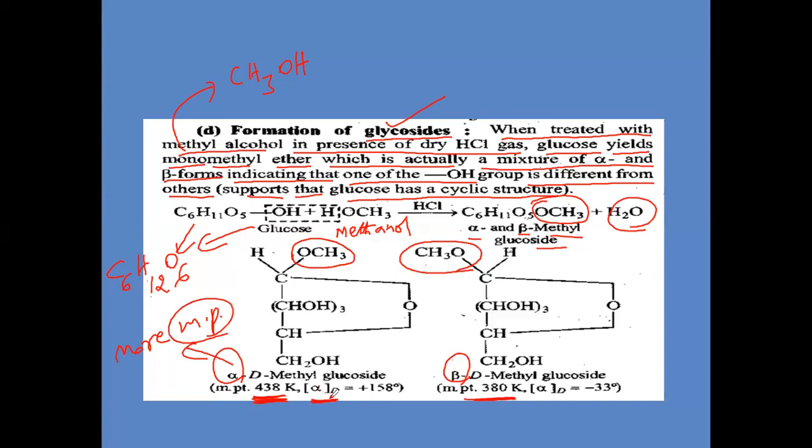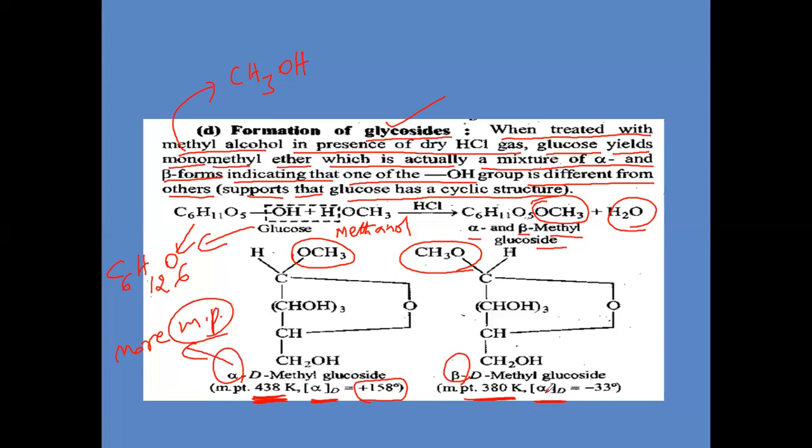And here the specific rotation. Alpha D specific rotation is plus 158 degrees. Plus indicates rotation towards the right side. So this alpha form will rotate the plane polarized light towards the right side by 158 degrees. And for the beta form, D means D line, some D line wavelength will be used here.